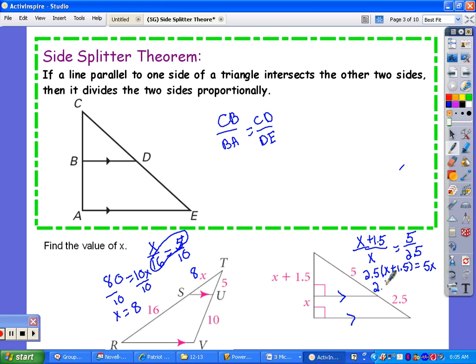So we have 2.5x plus, and then we need to multiply 2.5 times 1.5, and that gives us 3.75. And after that point, we just solve an equation. So we're going to get all the x's on one side, so I'm going to subtract 2.5x, and that gives me 2.5x. And then I'm going to divide 3.75 by 2.5. And I get x to be 1.5.